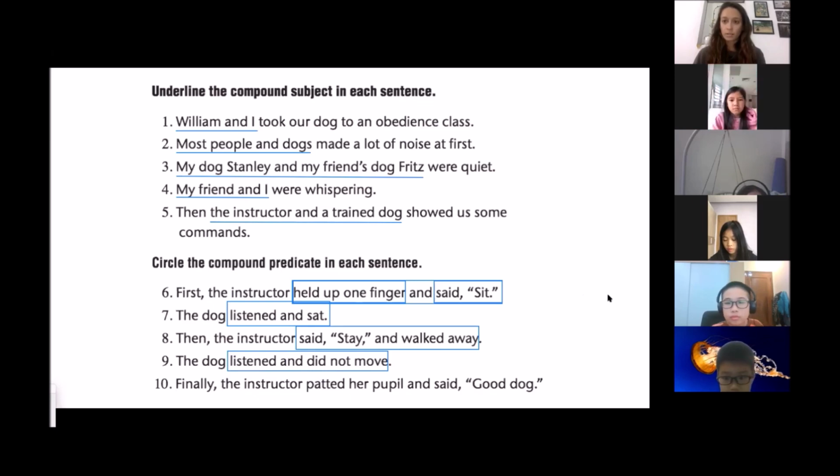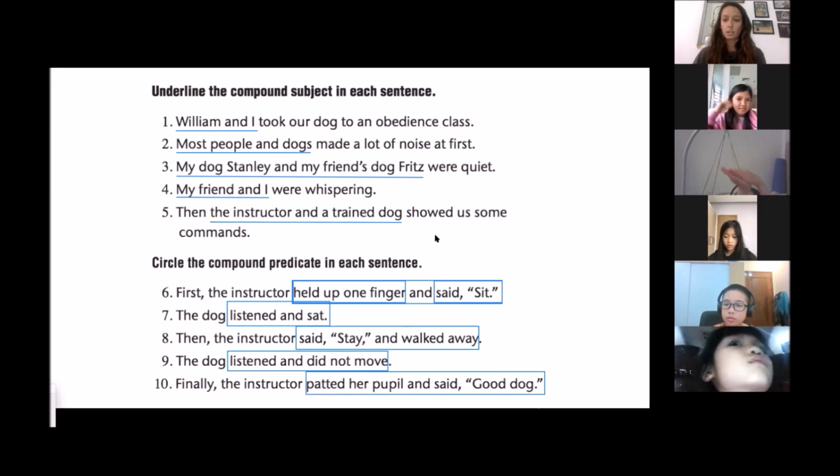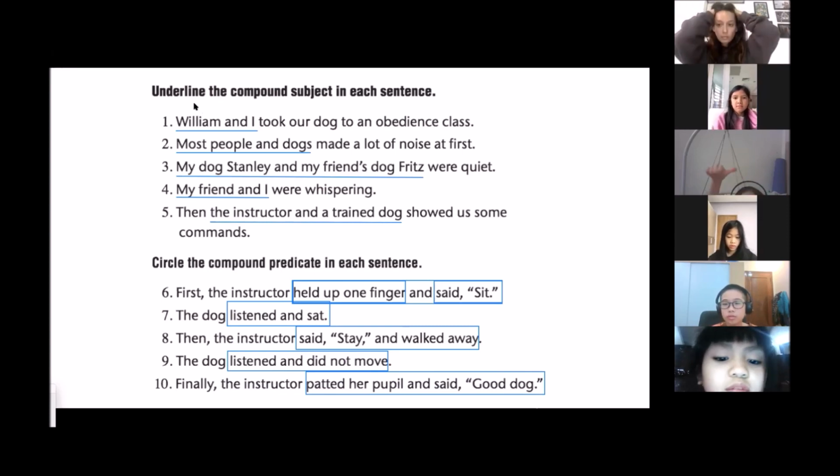Last one. Can you read number 10? The instructor patted her pupil and said, "Good dog." And what's our compound predicate? Patted her pupil and said, "Good dog." Okay. What do we think of this one? Easy, medium, or difficult? Easy.